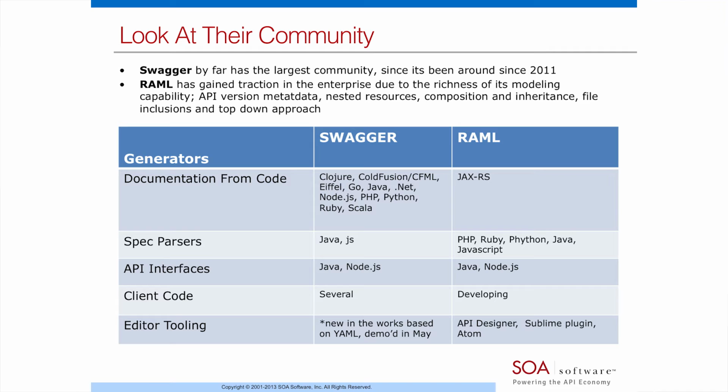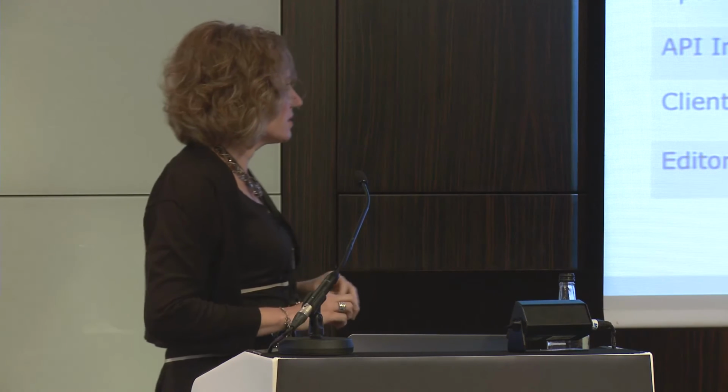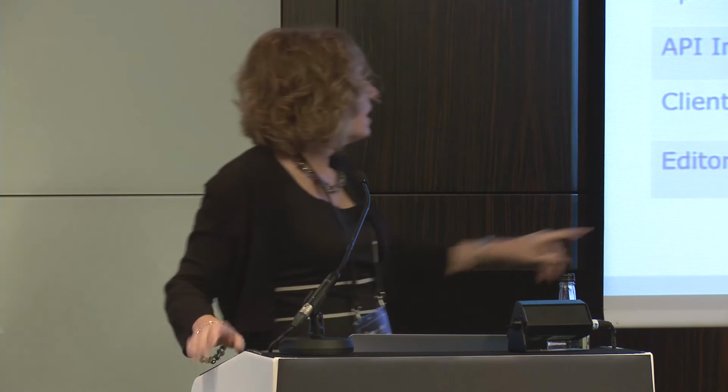API interfaces, they have both Java and Node.js. Client code, again, Swagger has several. RAML, it's still developing, okay, but it's there. Editing tools, okay, well, Swagger top-down, up until this third-party submitted specification, really didn't have a nice editing tool to create a Swagger doc, and I don't like to have to sit there and type it up in JSON because it's a pain.